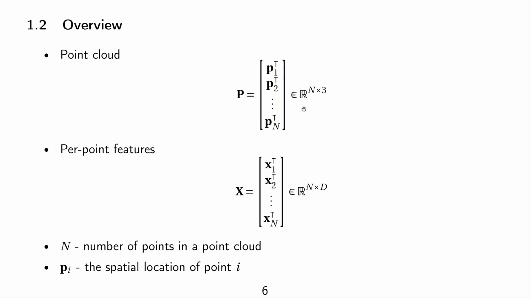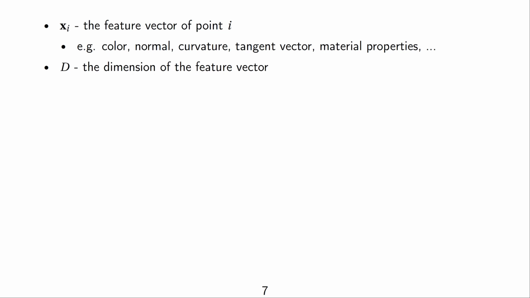So the features can change depending on what type of information is available, and we say in this example here that each point feature has d dimensions. So what does a feature vector of a point include? This could be information such as color, normal, curvature, tangent vectors, material properties, and so on.